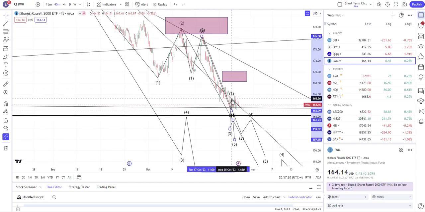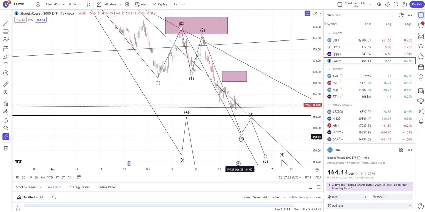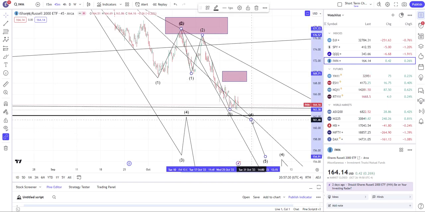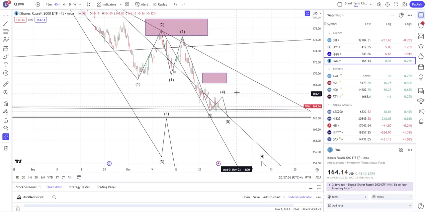So choppiness. Now, this sideways action could be a triangle, which also would indicate it's a 4-wave. So if that is a 4-wave, then I would label it like a 3, 4, 5 here, and then get a much bigger relief rally in another 1, 2.